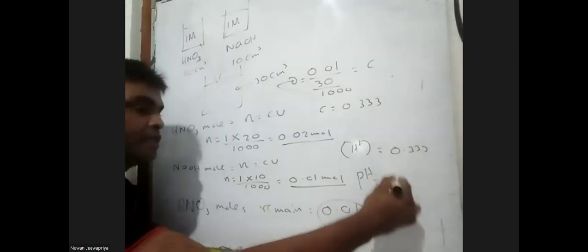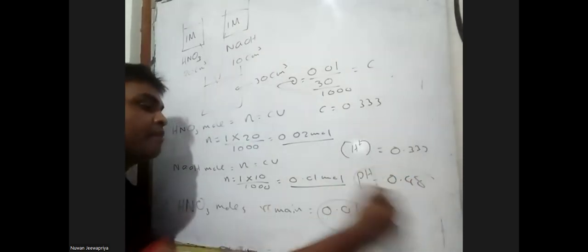The pH will be 0.48. That part is easy; you apply that to the pH equation, right? So the next part, now we go to question number 6.